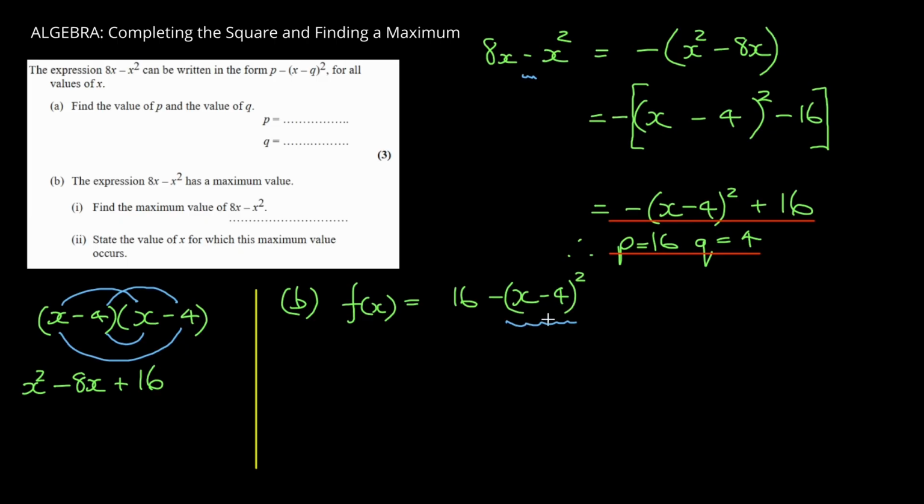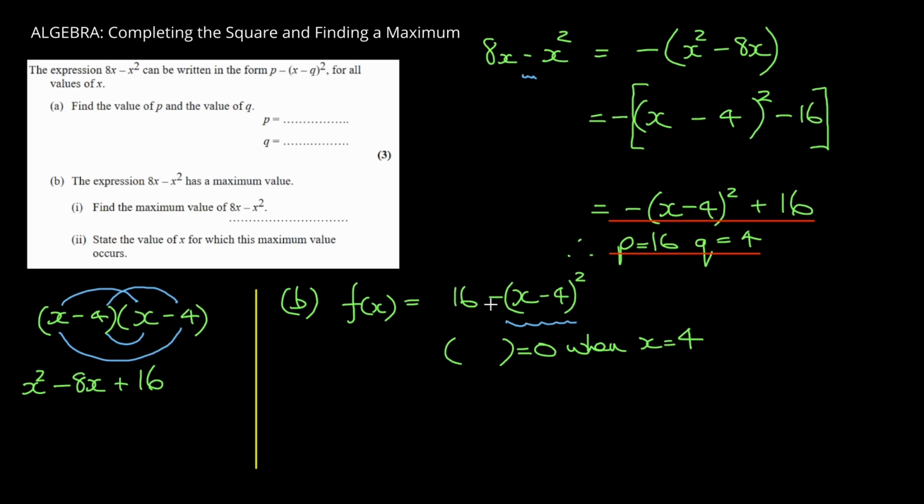When is it neither positive nor negative? Well, it is when that bracket is 0. When is that bracket 0? Well, that bracket is 0 when x equals 4. At all other points than x equals 4, the bracket itself will be positive.